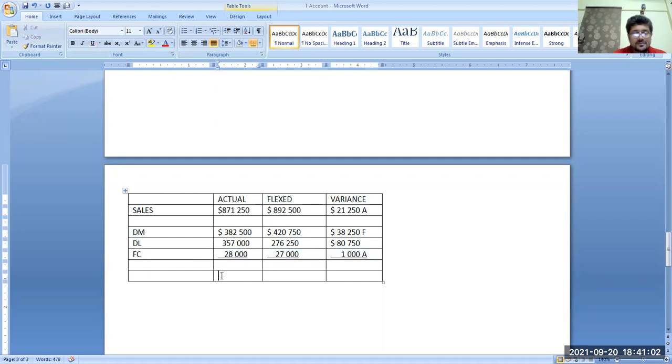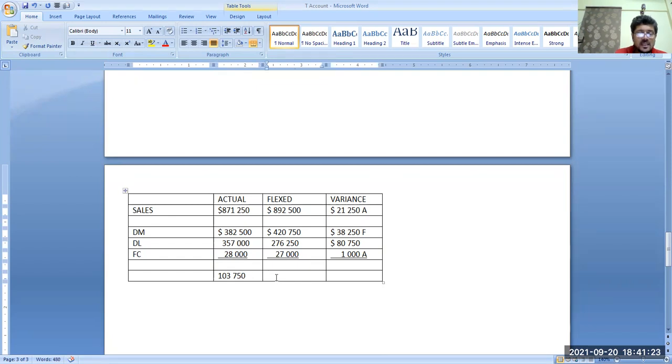See. 871,250 minus 382,500 minus 357,000 minus 28,000. The actual profit is 103,750. Done.